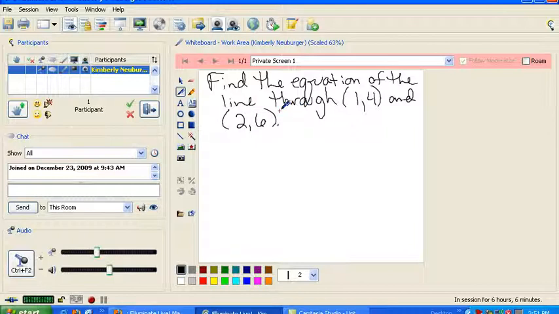Notice that there's no slope, but yes, our point-slope formula requires a slope. Because we have 2 points, we can actually use our slope formula to find the slope.